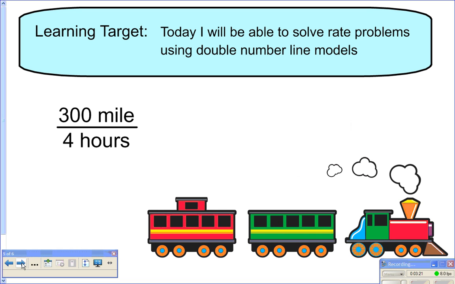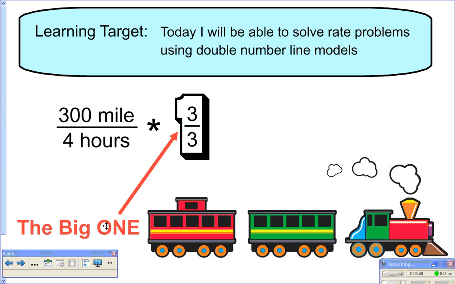What we're really doing is finding an equivalent ratio, 300 miles in 4 hours. To find how far the train is traveling in 12 hours, we could find an equivalent ratio by multiplying that ratio by the big one. As you remember, we learned previously that every fraction is a division problem. And if you have a numerator and a denominator that are the same, 3 divided by 3 is merely going to be 1. 4 over 4 is also 1. 2 over 2 would be 1.